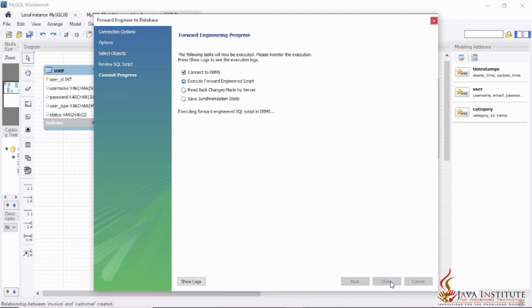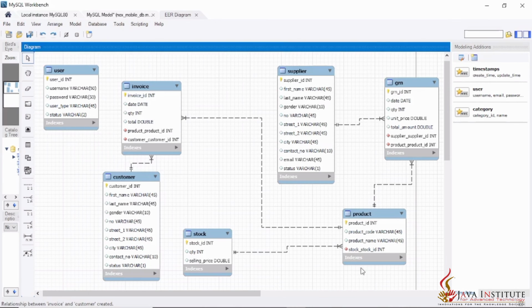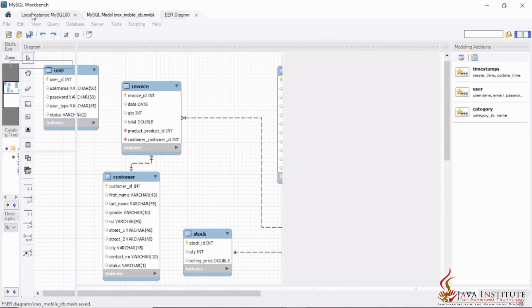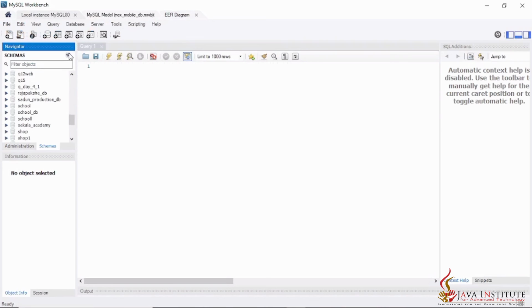Then let's execute the forward engineer script. Then the read back changes made by the server, the save synchronization state, and all the things have been done, and I'm saving this model to the current file. Okay, it has been saved, and I'm going to the local instance again, and I'm refreshing it.